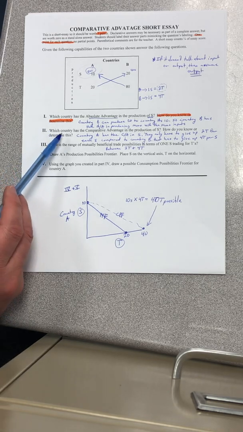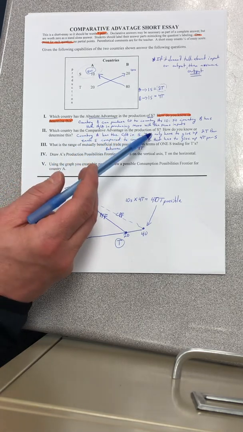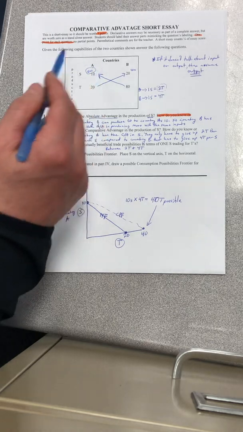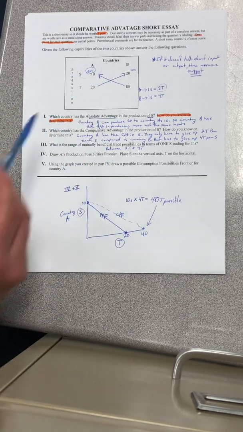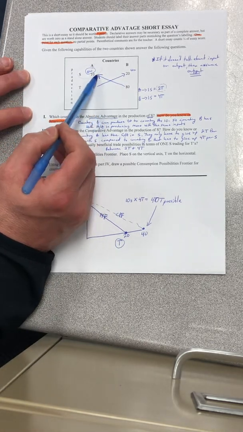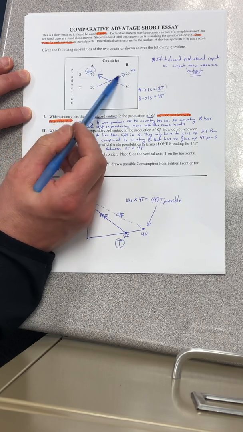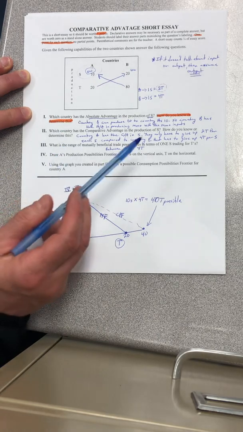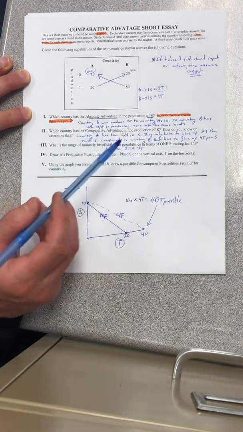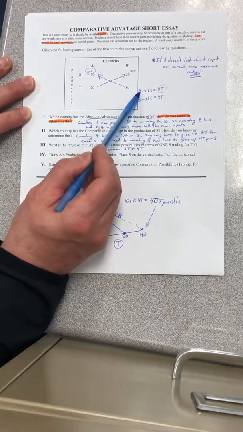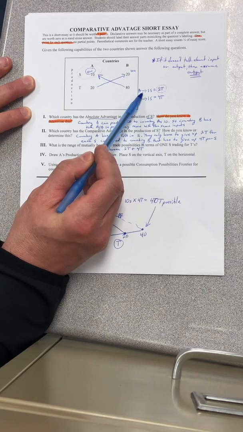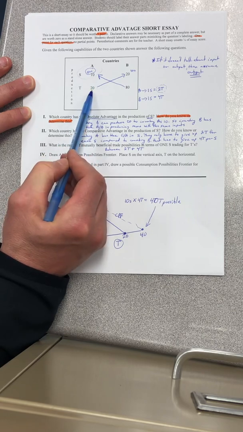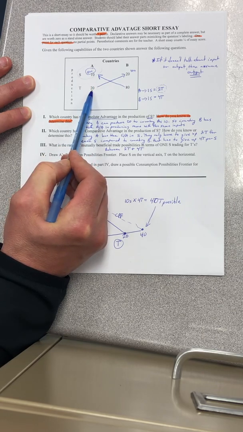Number 2, which country has comparative advantage in production of S? When you look at comparative advantage, we can cross multiply and take the higher number. If you cross multiply, 80 times 10 is 800, 20 times 20 is 400, so country A does. But it asks, how do you know this? So you actually have to break down and do the ratios. With country A, if they produce 1 S, they have to give up 2 T's, 20 over 10.